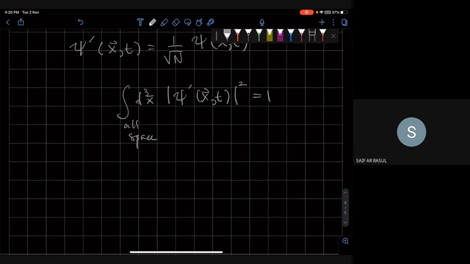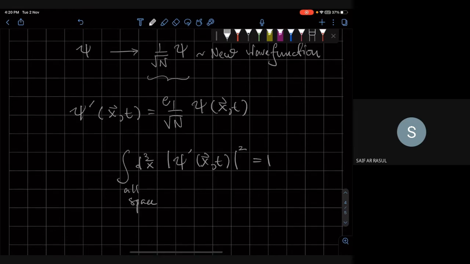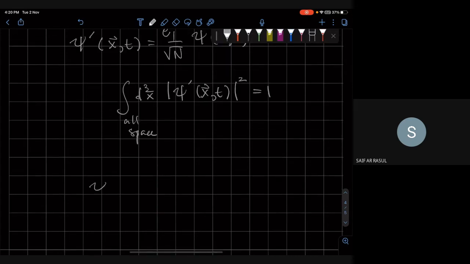Another thing is that in the normalization, it doesn't matter if there is a phase here. If, say, here we introduce a constant phase, e to the i phi, right? It drops out of the normalization. And in fact, in quantum mechanics, we identify all wave functions which differ from each other by a factor of a constant phase.